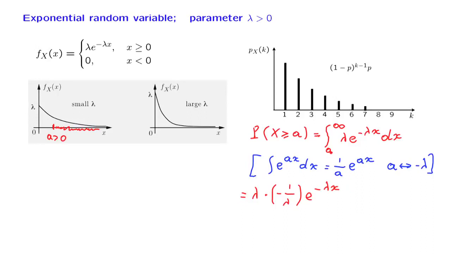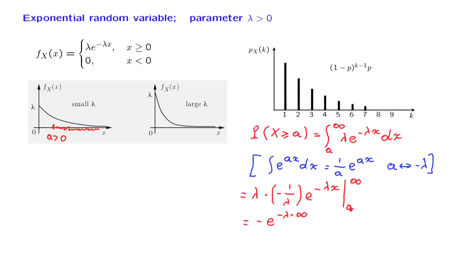And because the range of the integration is from a to infinity, we need to evaluate the integral at a and infinity and take the difference. Now this lambda cancels that lambda. We're left with a minus sign, and from the upper limit we get e to the minus lambda times infinity.